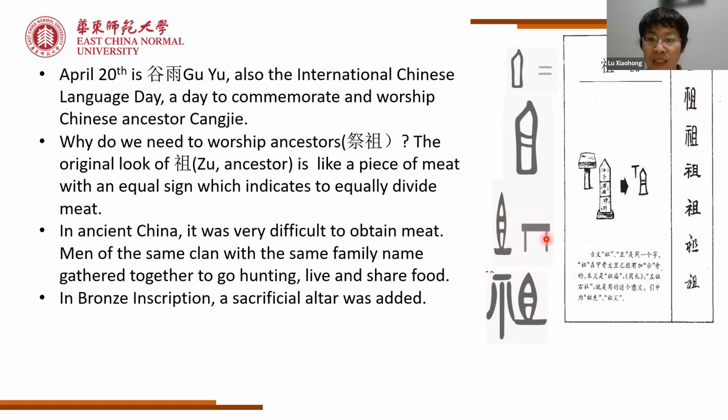This altar is added, and the left part is the altar for worship. We put our sacrificial things, offerings, on this altar. So that's the word 祖. Now we use this word to mean ancestor.